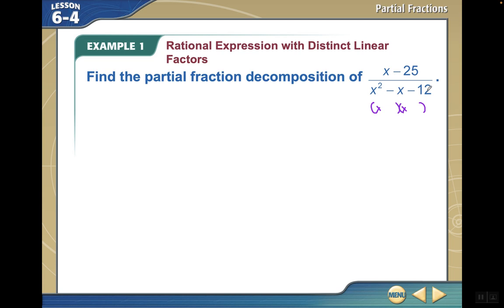So I need two numbers that multiply to -12 but add to -1. So we have a -4 and a +3. Okay, so that's going to be my denominators on the decomposed, or the part of the fractions. So we'll set this up.